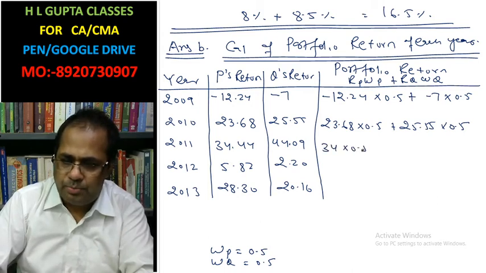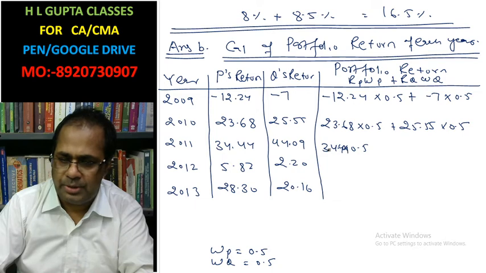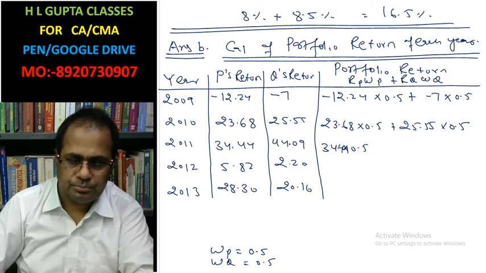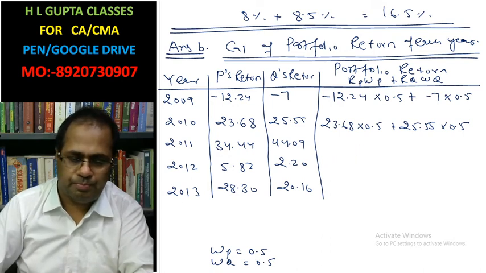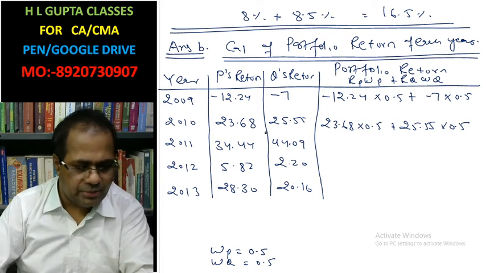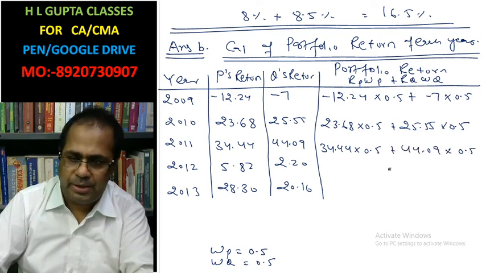Then 34.44 into 0.5 plus 44.09 into 0.5.